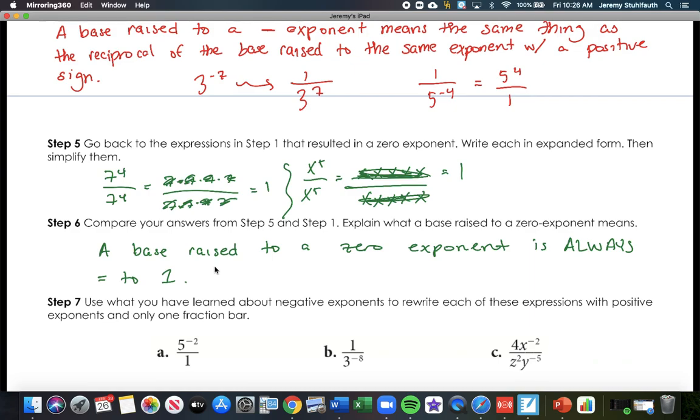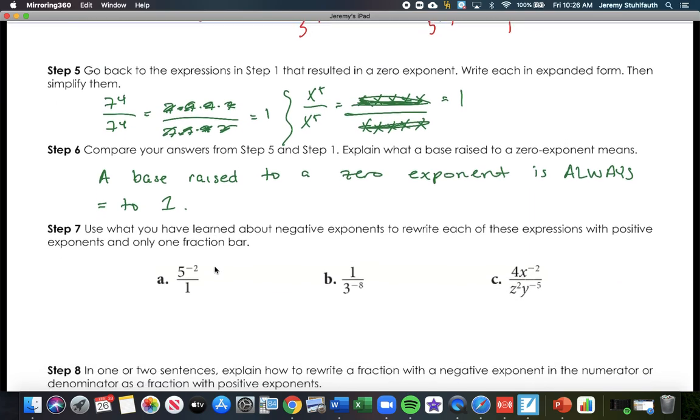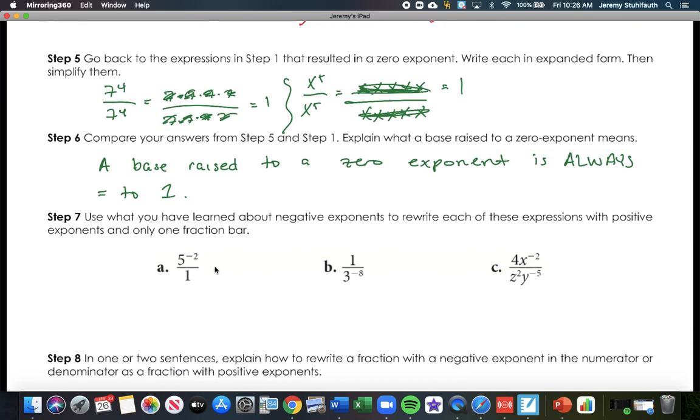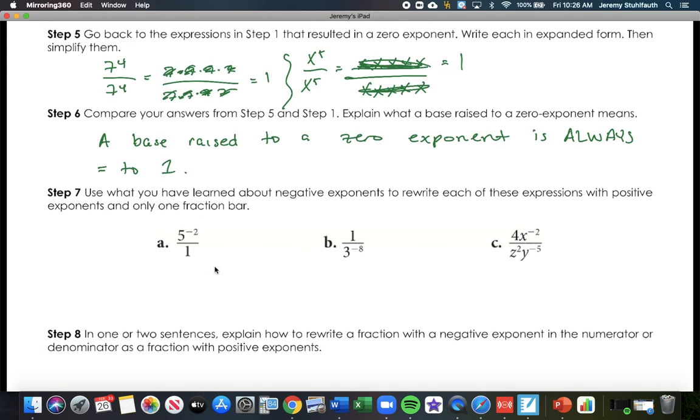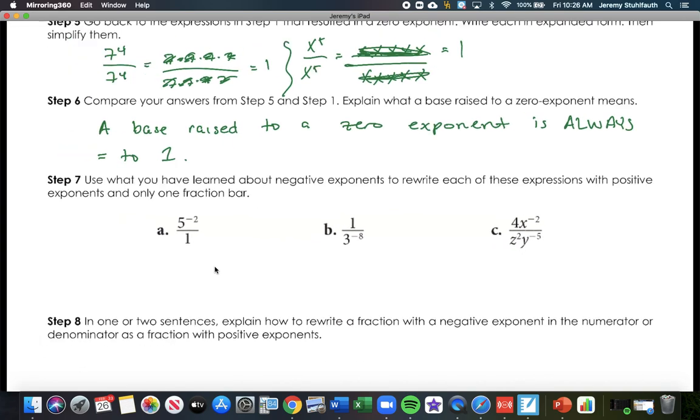So what we're going to do now is use what we've learned about negative exponents to rewrite each of these expressions with positive exponents in only one fraction bar. If we look at this, we have 5 to the negative 2nd over 1. We would rewrite this with the reciprocal, which would be 1 over 5, and after we have the reciprocal, we would have a positive exponent.